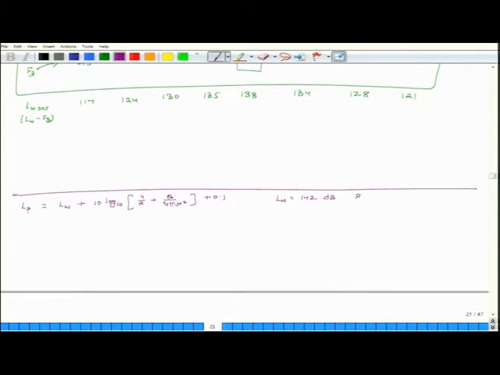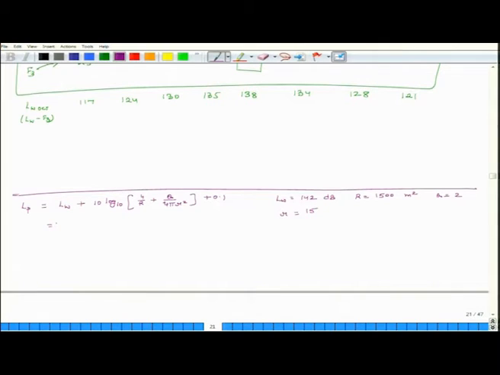What is the value of R? 1500 meters square. What is the value of Q? 2. And what is the distance? 15 meters. So, you put in all these things, everything is known on the right hand side.